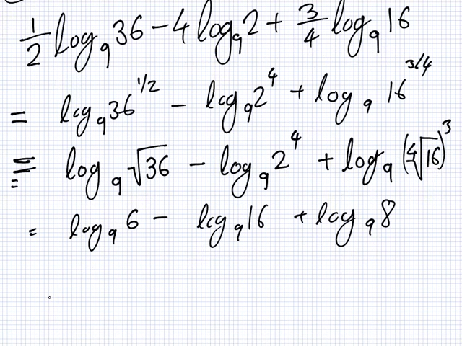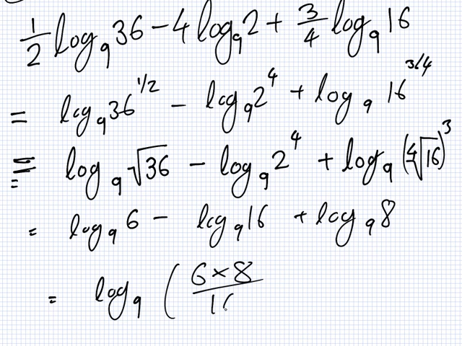So, this will be log base 9 of 6 over, well, yeah, we can put it at 16 times 8. No, sorry. No. 6 times 8 over 16. Now, 16 is 8 times 2.